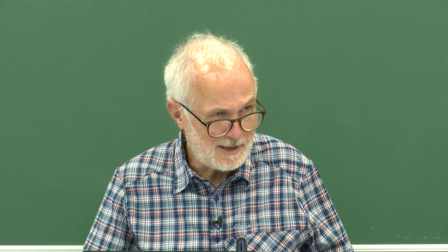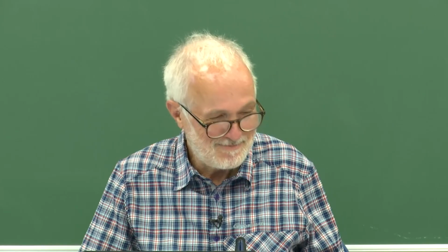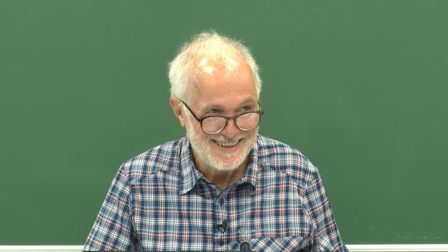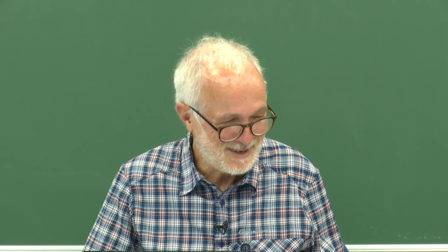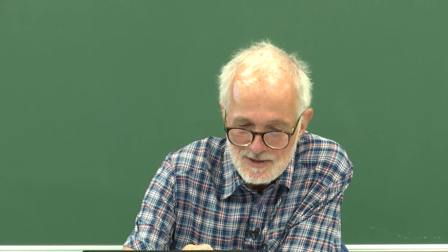I think I will take a bit more time than I expected for all this. So there's still quite a bit here. So the next point which we often need is a density of states.